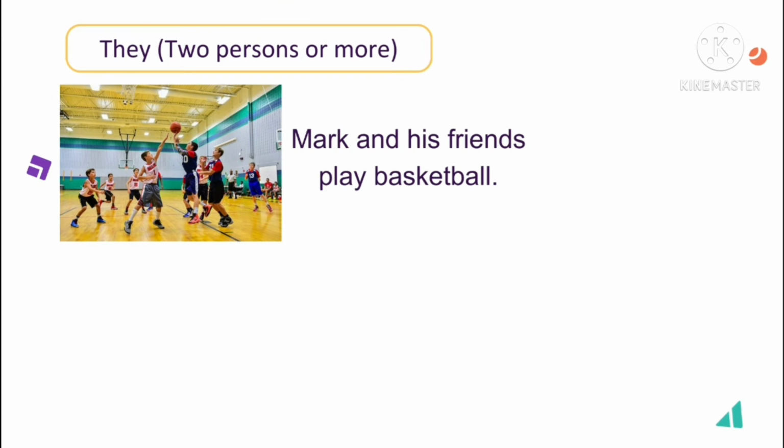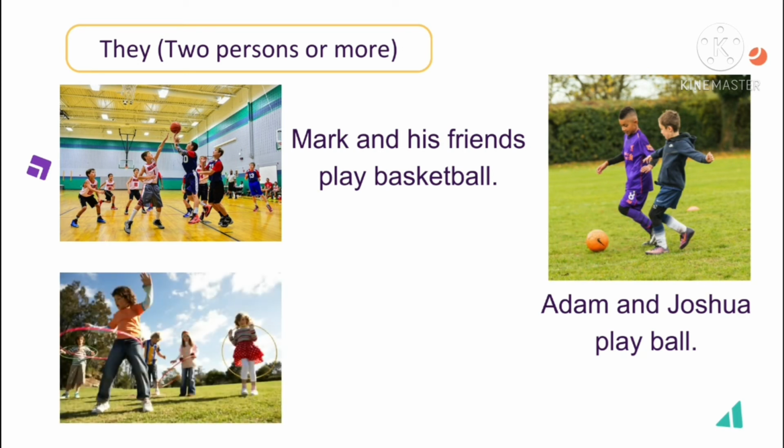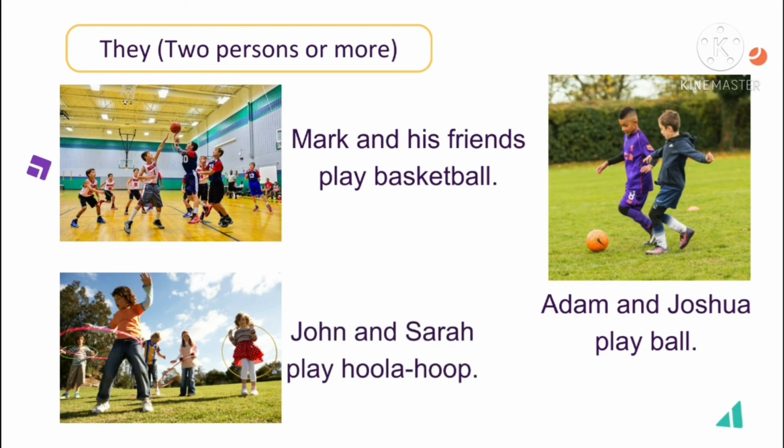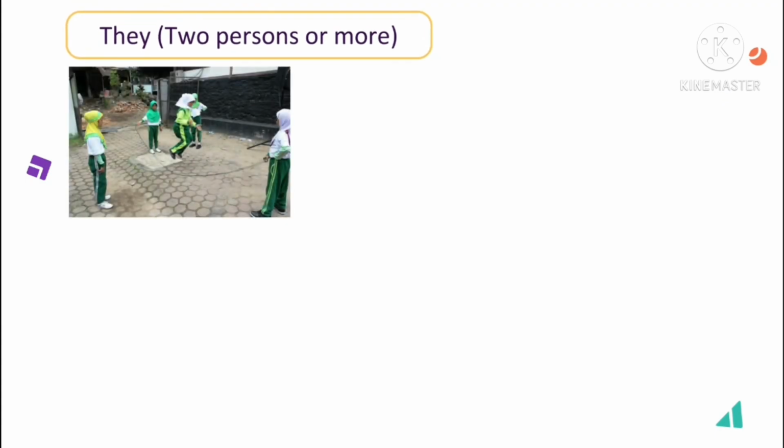Mark and his friend, you see this is Mark, and his friends play basketball. How about this one? Adam and Joshua play ball. Yes. How about this one here? John and Sarah play hula hoop. How about this one here?